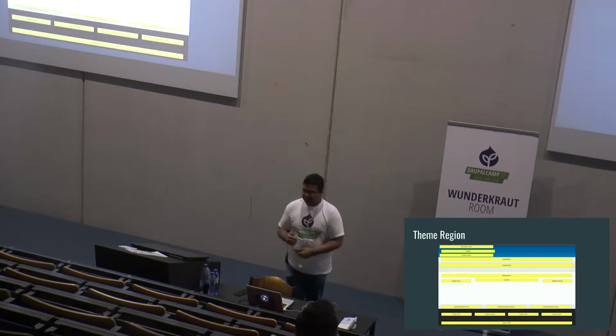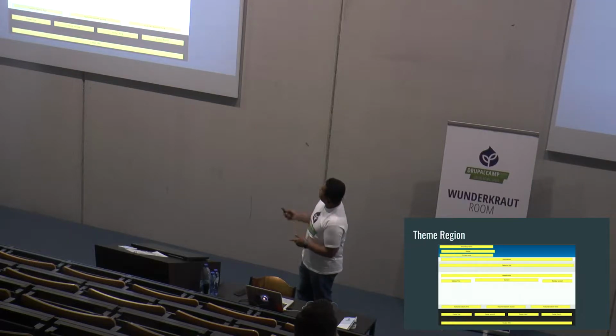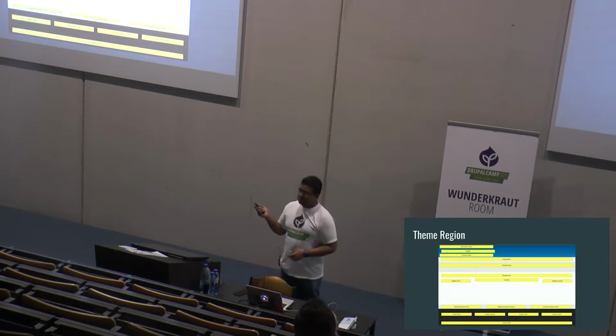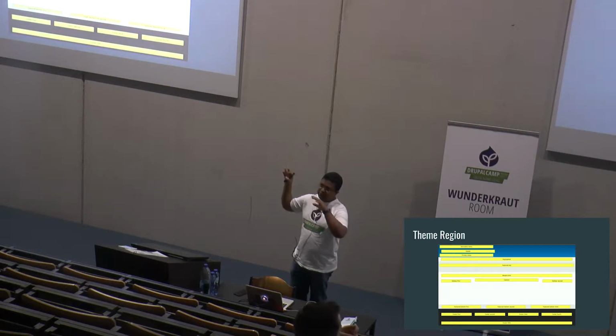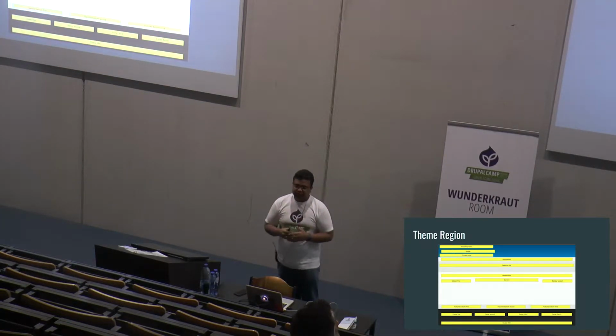And what does that mean? For example, there is a region called Feature Top that maybe it's not very clear in the screenshot, but it is gray. It has a gray background. When you install Drupal out of the box, you never see a gray background. And why is that? Because in that region, there is a single block placed there.